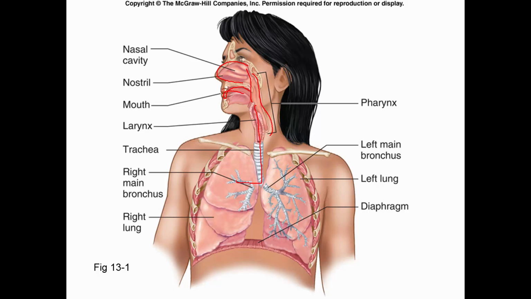We have many airways, splitting about 23 times, and then those terminate on little sacs called alveoli that make up the lung tissue. We also have the rib cage and the diaphragm that form the chest wall. So the lung tissue and the chest wall are in very close proximity, and that's important to the function of the pulmonary system.